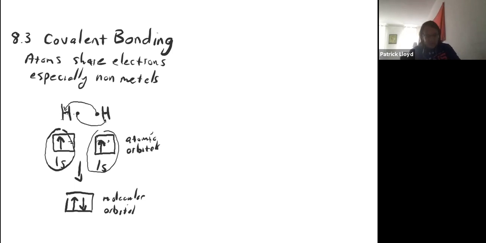Now, one of these is going to have to change its spin, right? Because they can't have the same spin in the same orbital, the Pauli exclusion principle. But essentially what you get now is both of those electrons in the same orbital. And we're going to represent that like this. That's one way to represent it, okay?